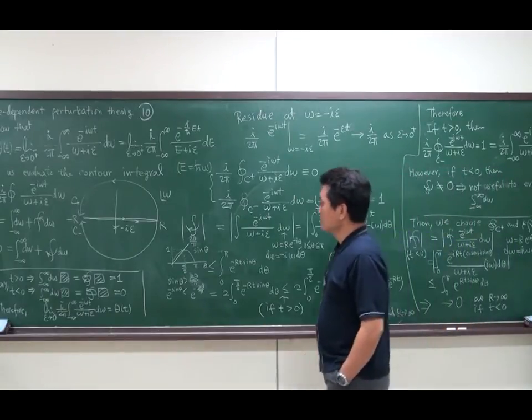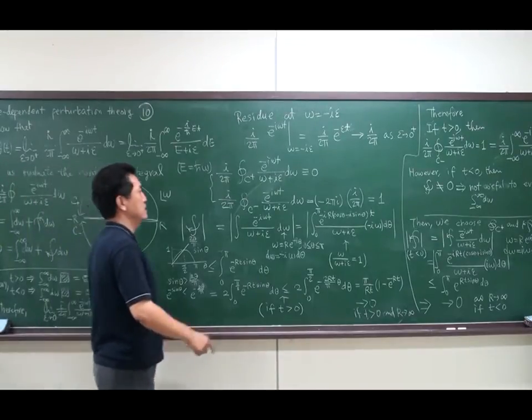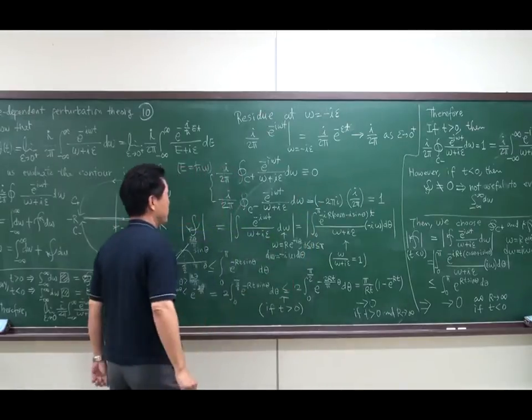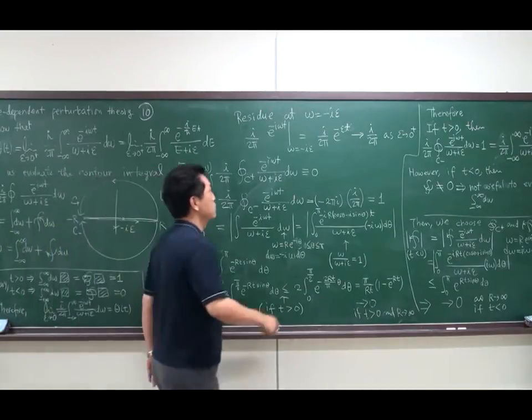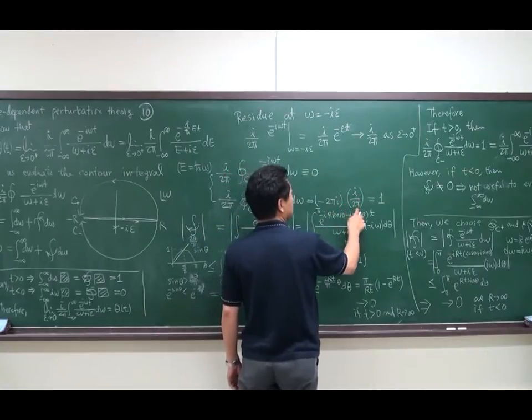So the C plus contour integral is 0, as I already told you, because this integral does not have a residue. And the C minus integral has the residue whose value is i over 2 pi.